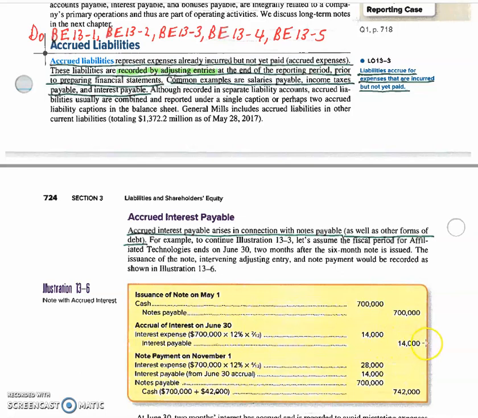We have to remove the payable. So we debit interest payable for the amount of interest accrued on June 30th. We debit interest expense for the additional interest that has accrued since June 30th. We debit notes payable for the face amount of the note, and then we credit cash for the amount of cash paid.